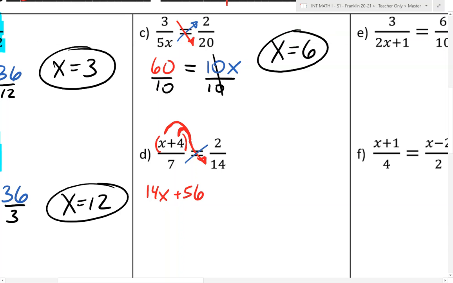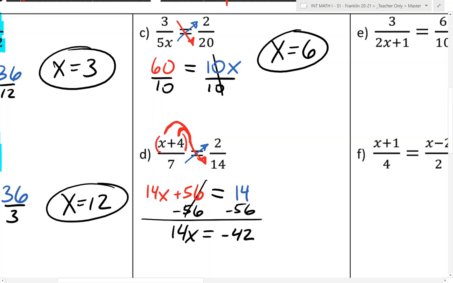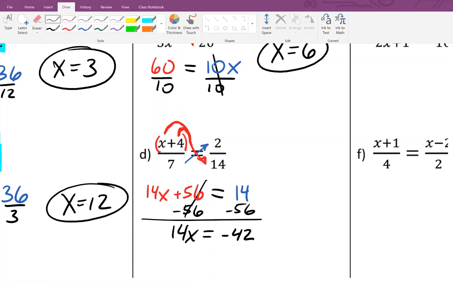And now on the other side, 7 times 2, that's 14. And now when we set these equal to each other, we have to solve this two-step equation. So our first step is to subtract 56. So 14x here equals, well, 14 minus 56 is negative 42.